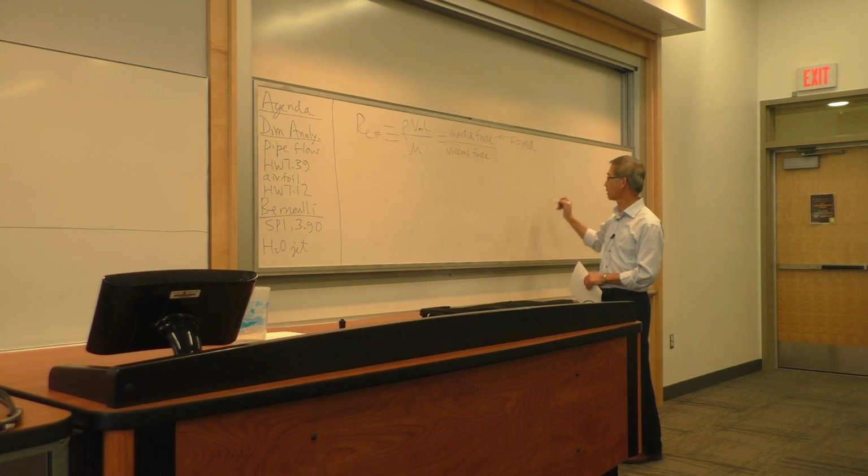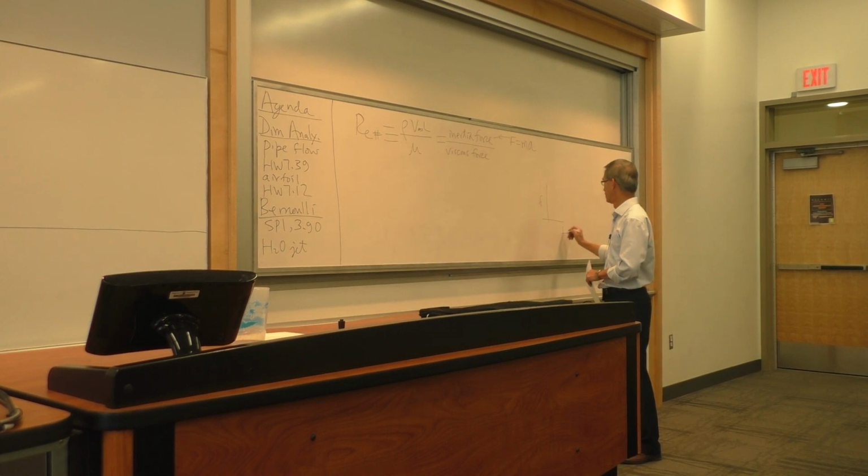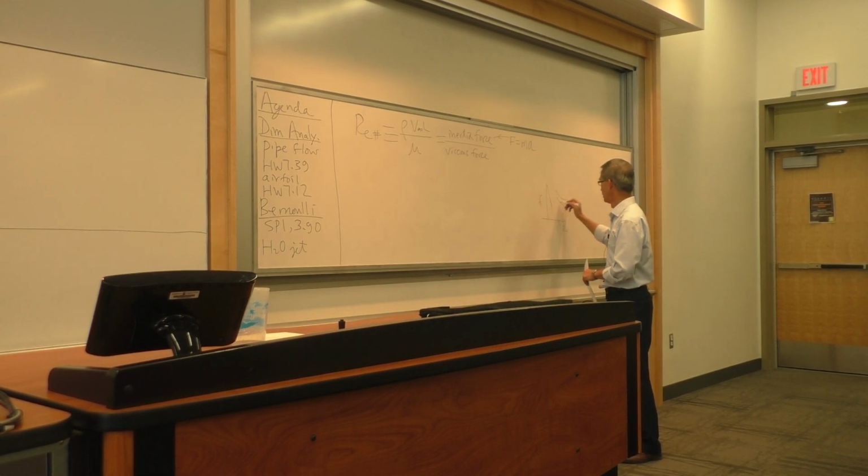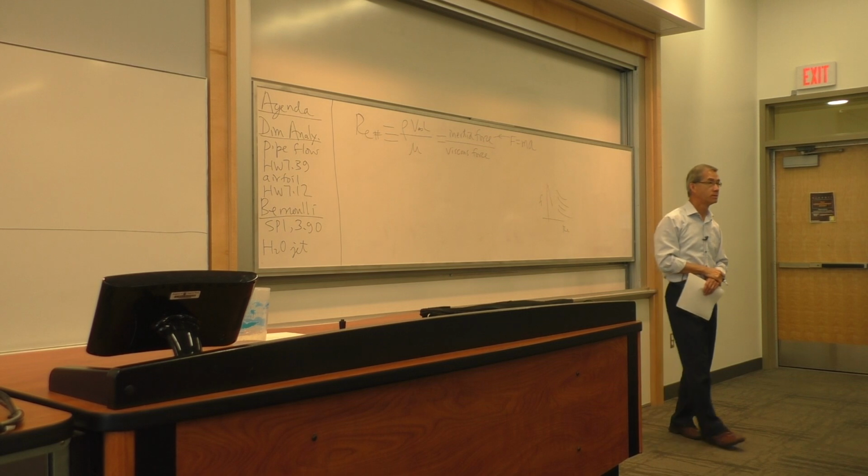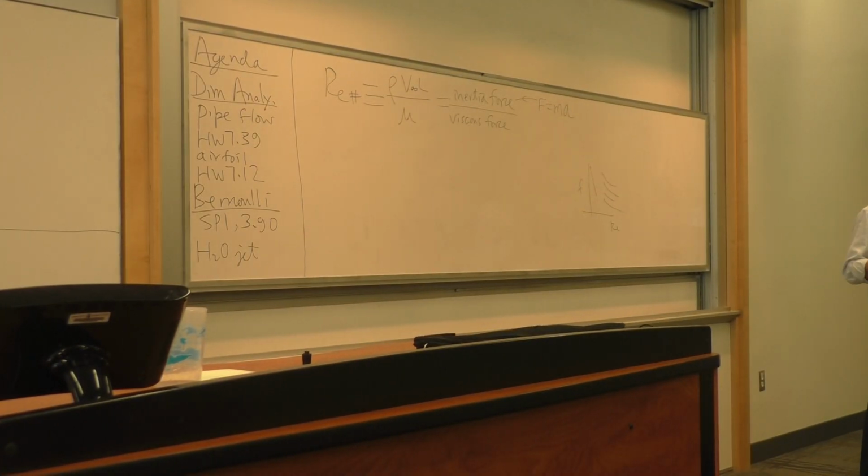I draw you this diagram of the Moody. Anyone remember what the laminar flow is? Laminar. And that has to have a Reynolds number of approximately what value? Very good. It's about 2,000.